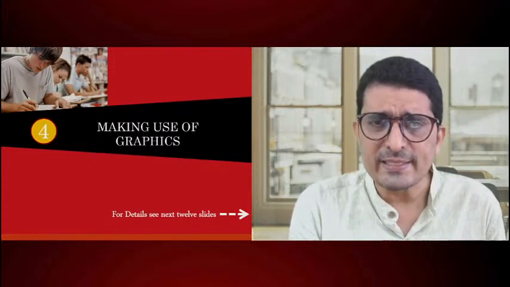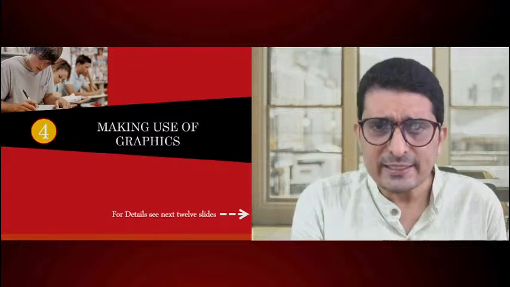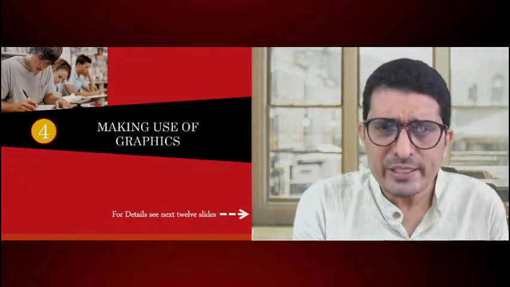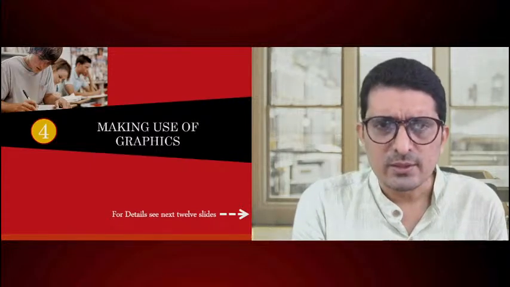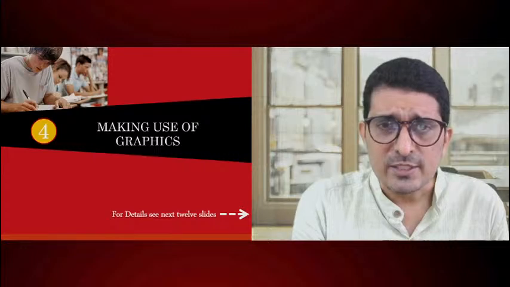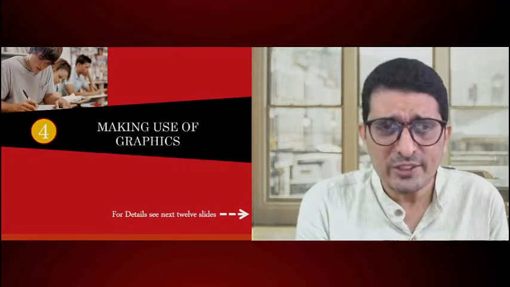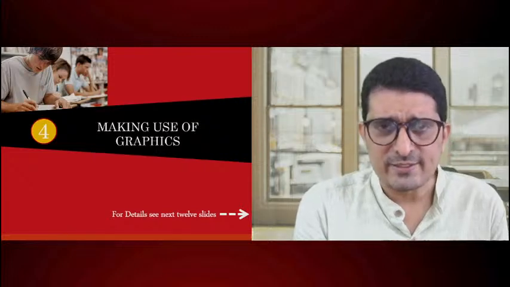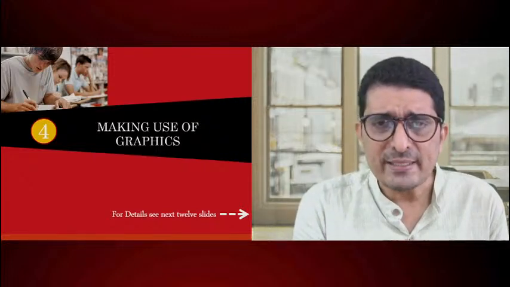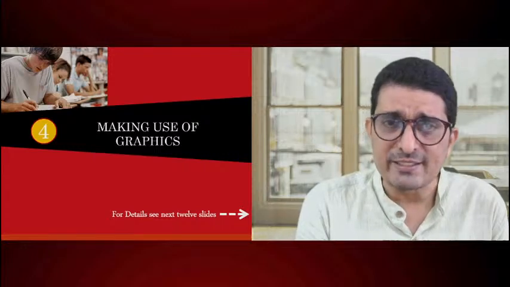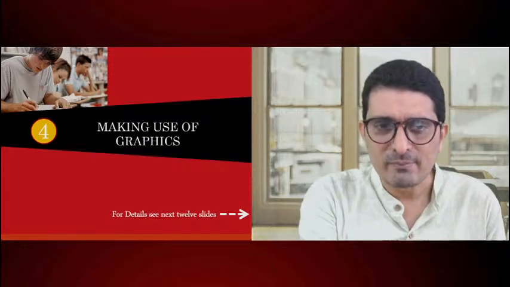These graphical representations are economic in the case of time because we will get more information by spending a less span of time. Let's look at what the different graphics are and how we can make use of such graphics for developing reading skill in our students.